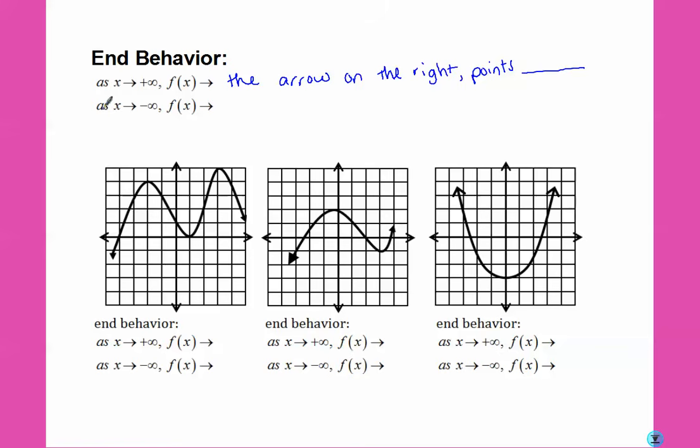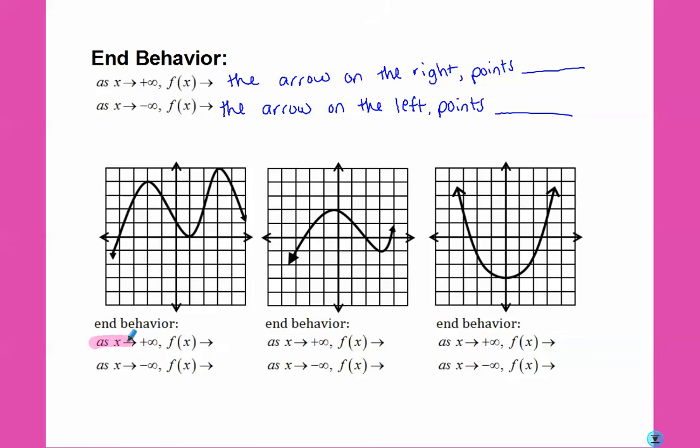The bottom one, as x goes to negative infinity, x's are negative on the left, so it's the arrow on the left points blank. And we're going to be filling in the blanks.